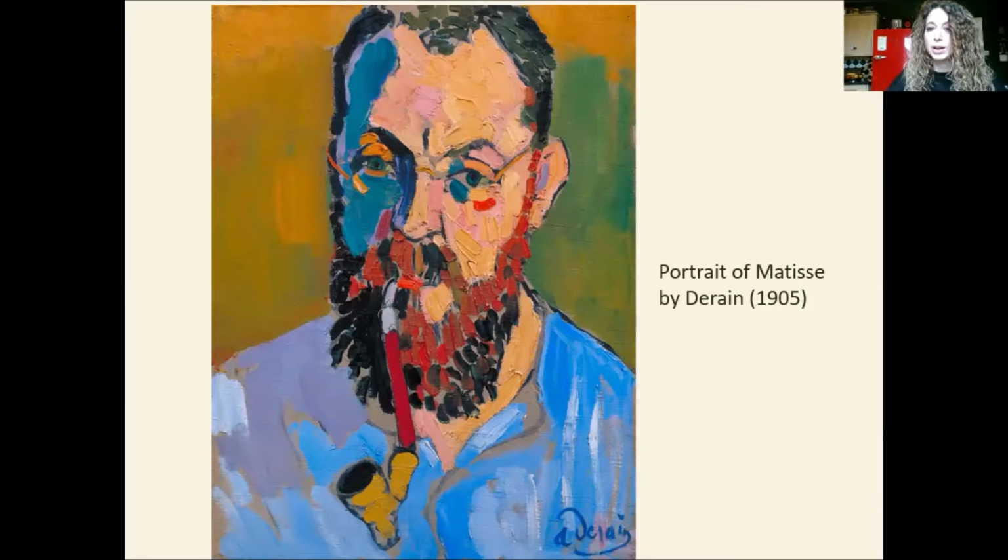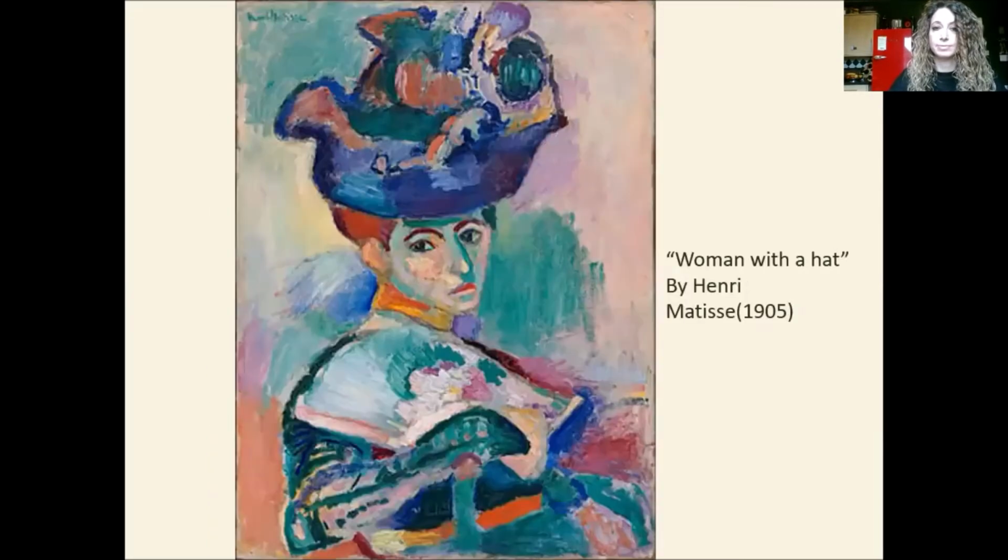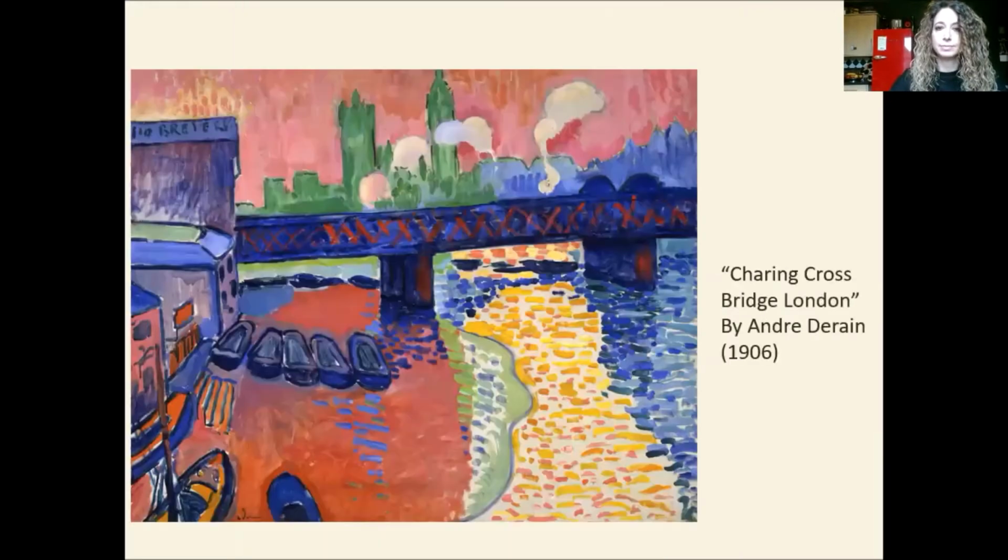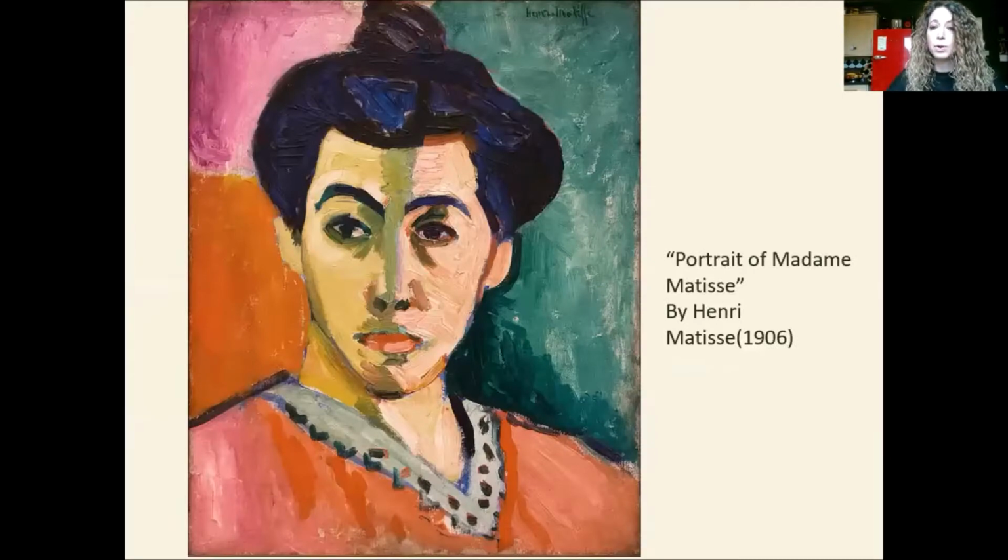So this is a portrait of Matisse by Derain. And With a Hat, what an imaginative title, by Henri Matisse. Charing Cross Bridge in London by André Derain, that was from 1906. Portrait of Madame Matisse by Henri Matisse.